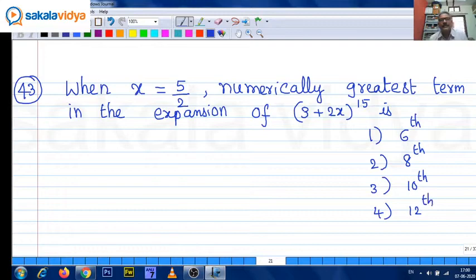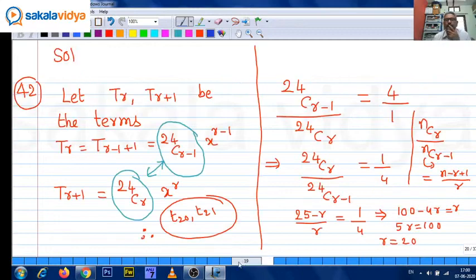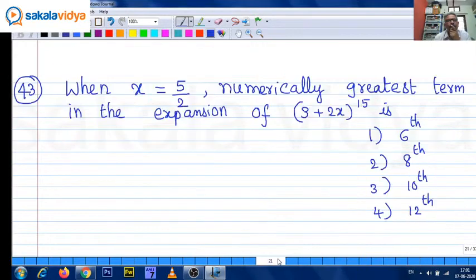That means which term of this expansion is the numerically greatest term? Okay, correct only. Right. So, okay, next.